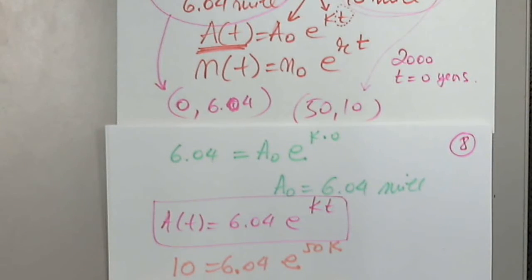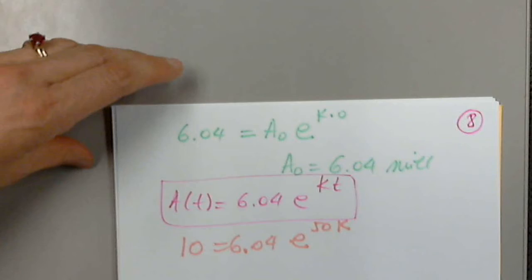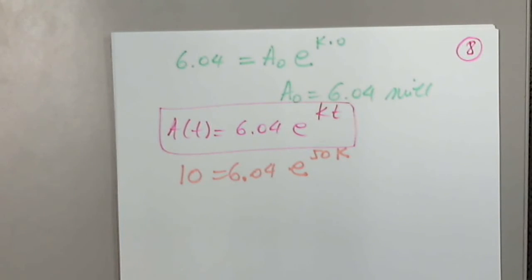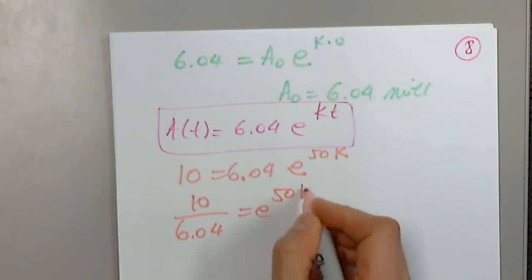Any questions? Okay, what am I solving now for? Okay. Correct. What type of equation is it? Exponential. Good. How do I clean it up? Divide both sides by 6.04. Good.